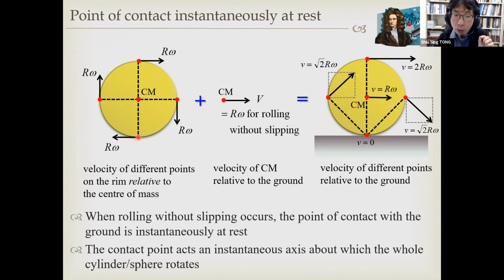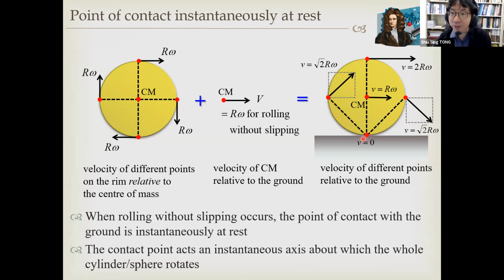Now, the interesting point is that when you look at the point that is instantaneously in contact with the table, you'll find that the rotational part of the velocity is to the left, while the translational part is to the right. So if you combine the two velocities, you will find that the point in contact with the table is instantaneously at rest, okay?